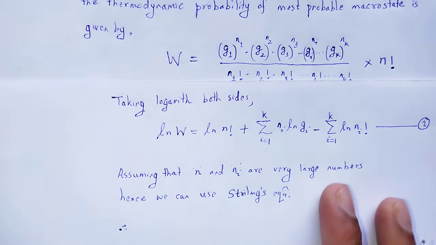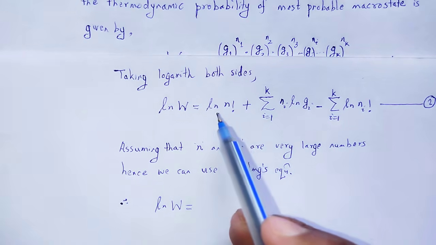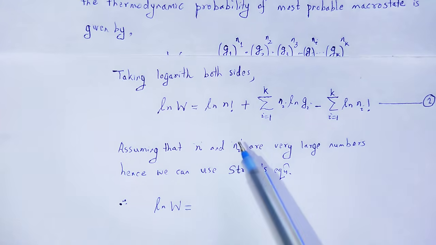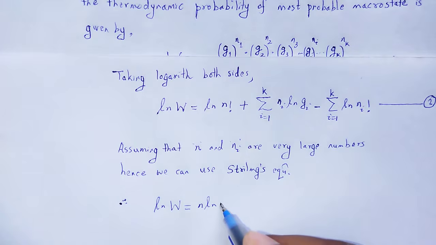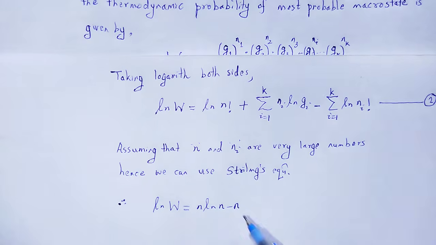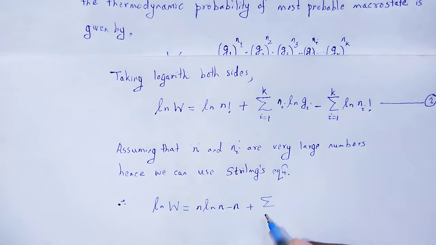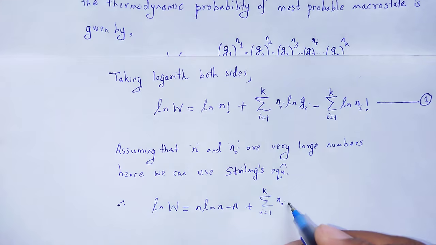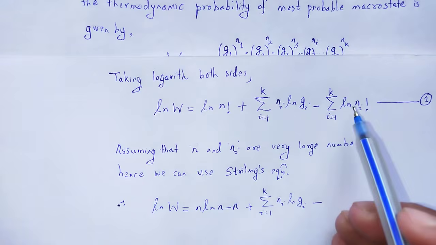Therefore, that equation is now written as ln W is equal to ln N factorial. Now we use Stirling's equation as it is, ln N factorial is N ln N minus N, plus summation over i from 1 to k Ni ln Gi minus again ln Ni factorial.